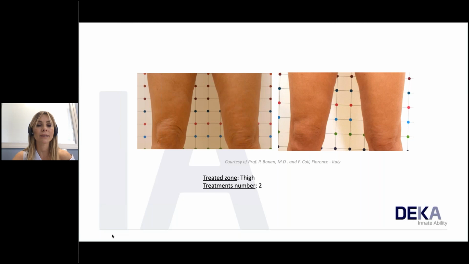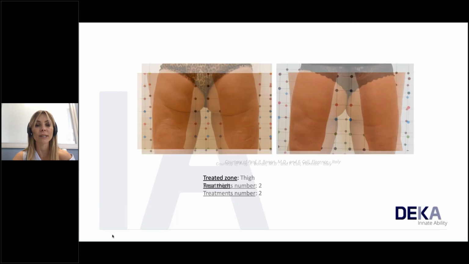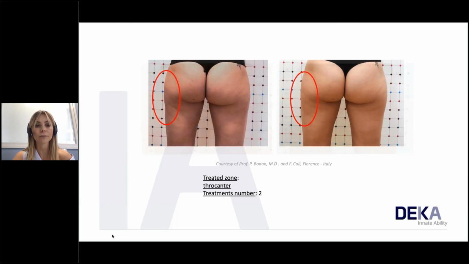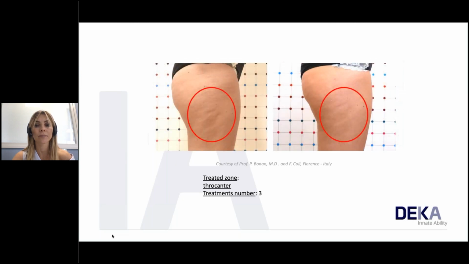The improvement on the upper knee, on the skin quality of the upper knee, after 2 treatment sessions. Again, the improvement in cellulite, the improvement in skin quality in general after 2 treatment sessions. And again, the loss of circumference in the trochanter area after 2 treatment sessions.